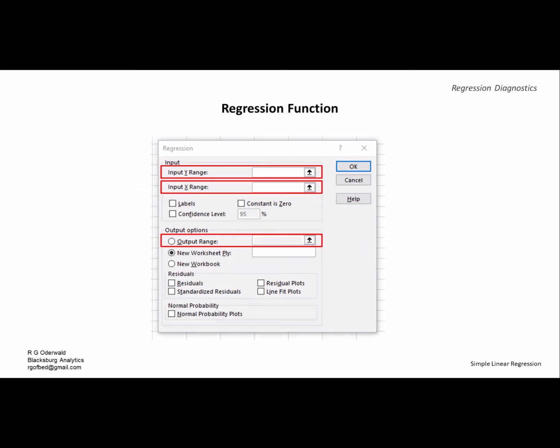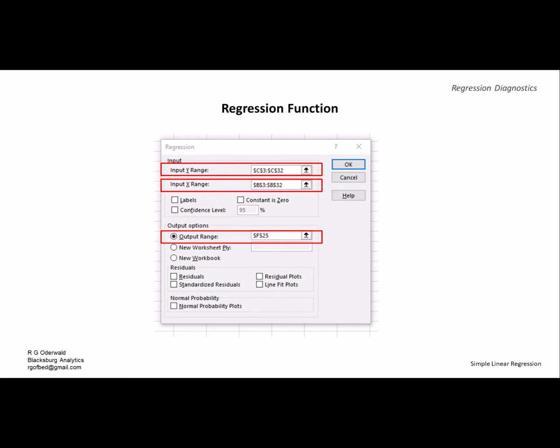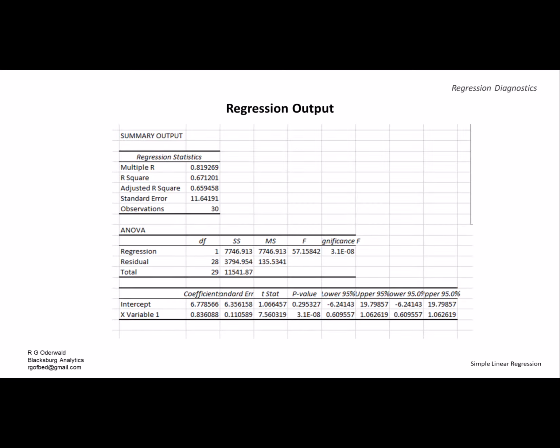The regression function requires only a Y range, an X range, and an output range. Everything else is optional. This is the completed regression function. Shown are the range of the dependent variable Y, the range of the independent variable X, and where to put the results. The output has lots of pieces.